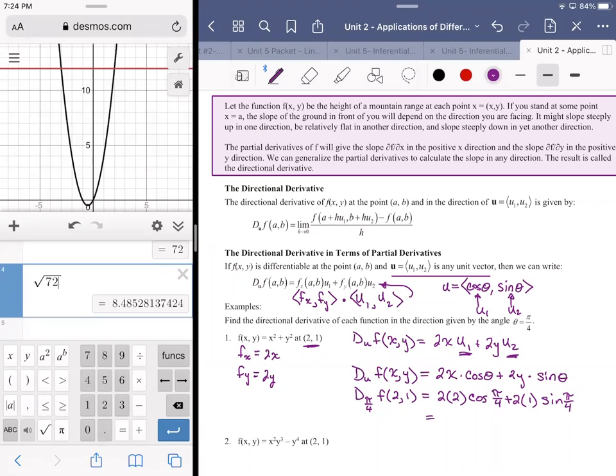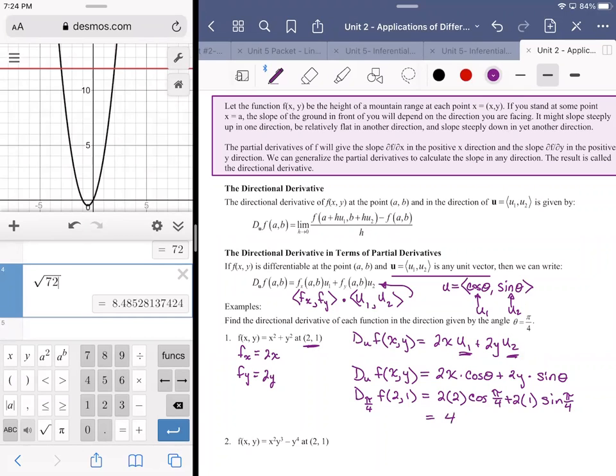All right. So by dotting the first order partials with the unit vector, we're actually going to get a scalar quantity. That scalar quantity is going to be the derivative or the rate of change for the function based off of that angle of theta equals pi over 4, but also assuming that we're standing at the point 2 comma 1. Right, so let's see how that shapes out.